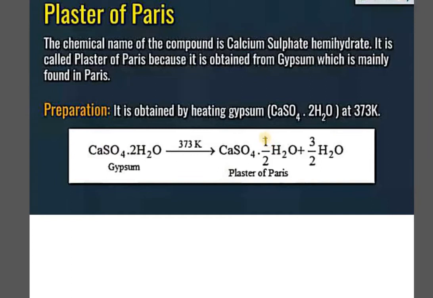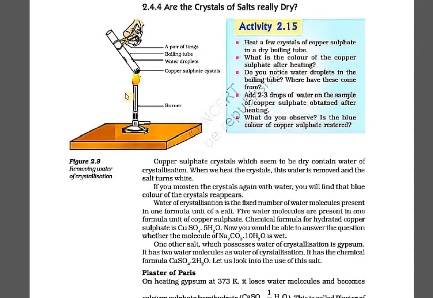If you want to double it, you can do that also. In that case, this becomes 1 molecule of water of crystallization and this becomes 3 water molecules of crystallization. So the preparation is done in this way by heating gypsum at 100 degrees Celsius. This is the part of water of crystallization as discussed in your NCERT.